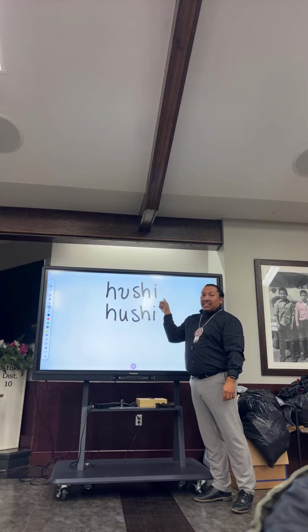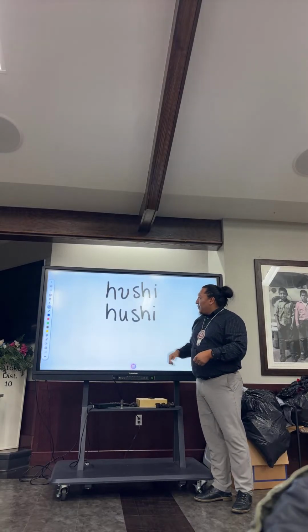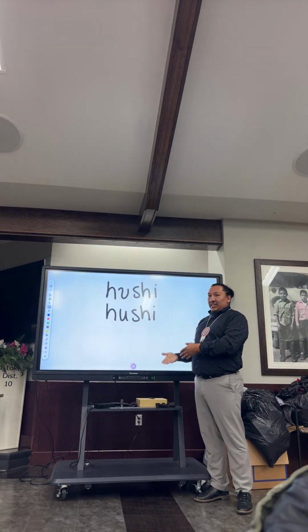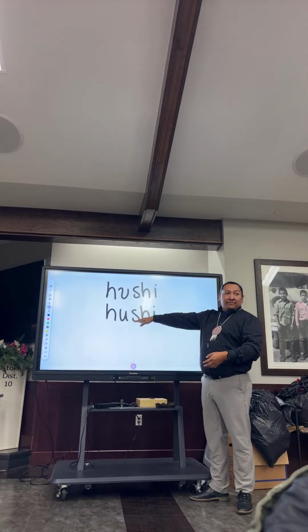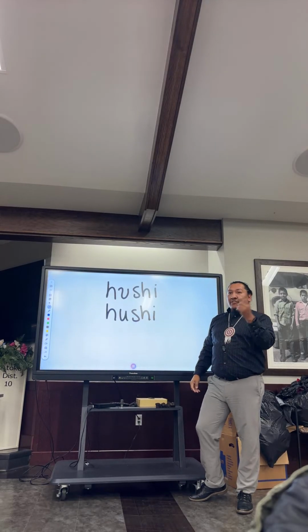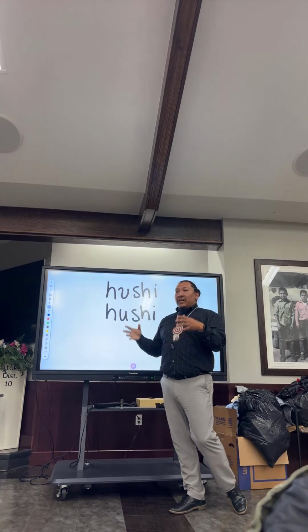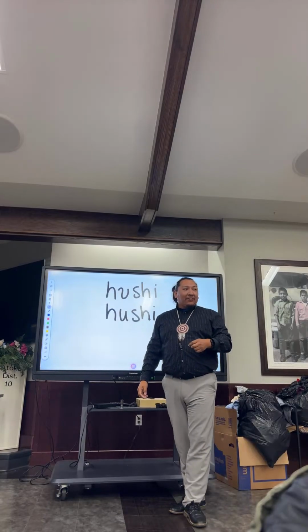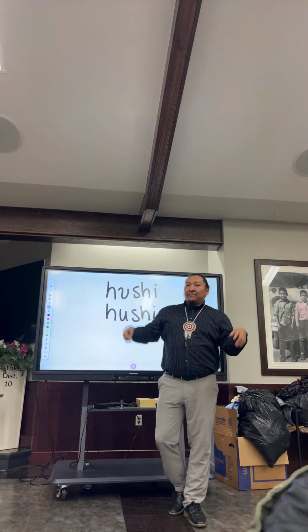So hashi, hashi, and then hoshi, hoshi. This means sun and this means bird. But if you get those vowels wrong, someone might say something funny. We have a game sometimes. When I was working with Choctaw Nation, we had a game where everybody would get in the circle.